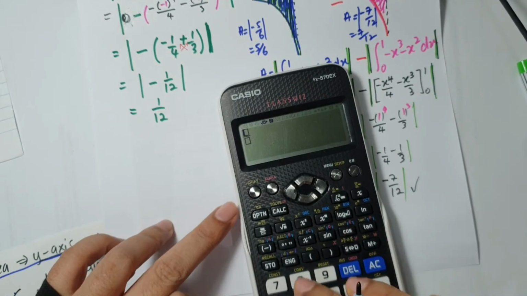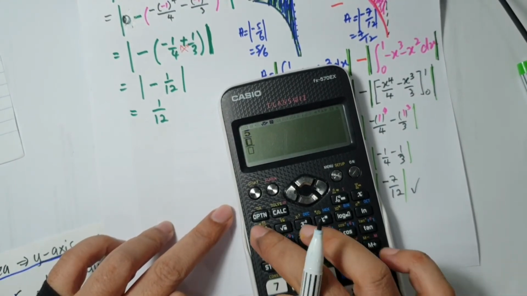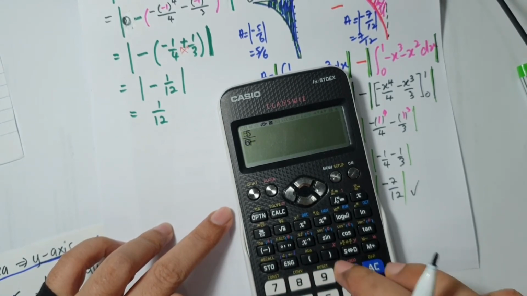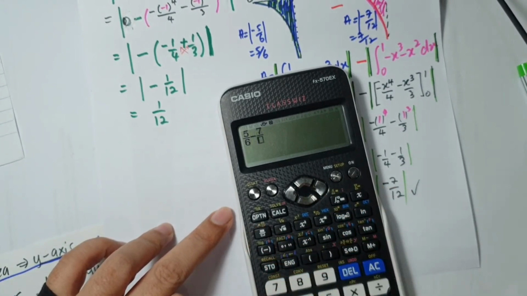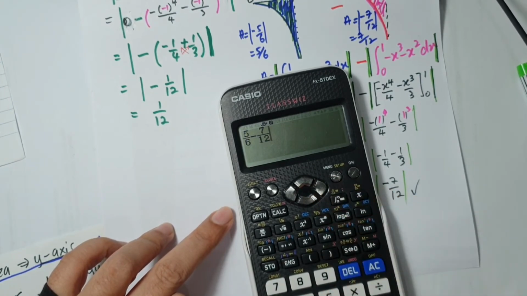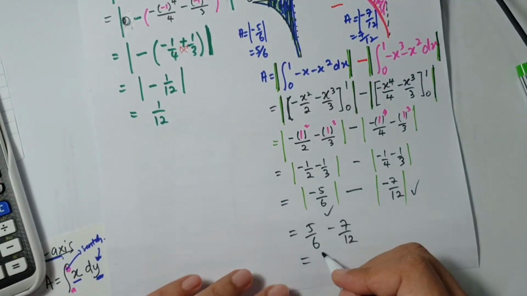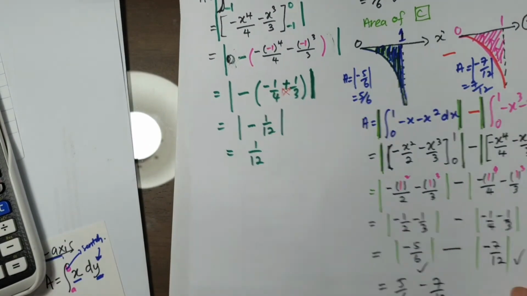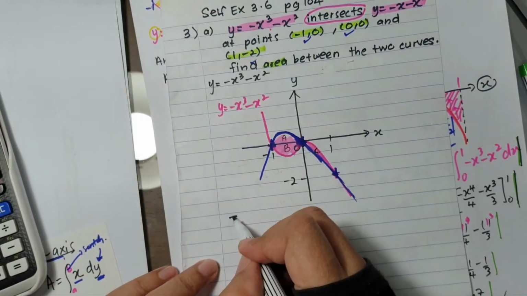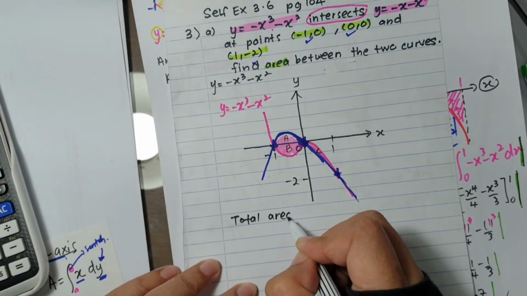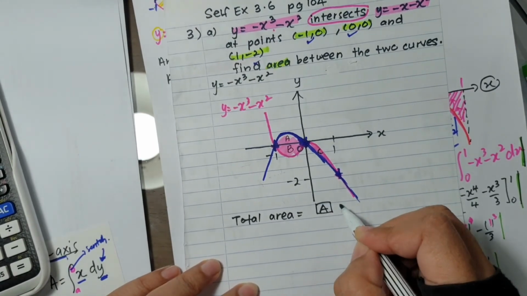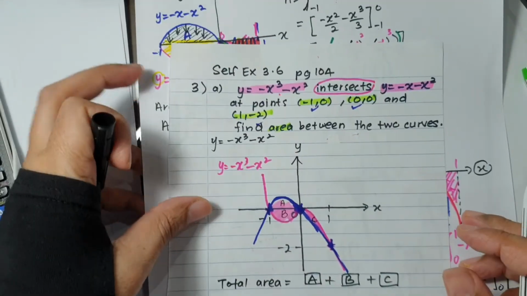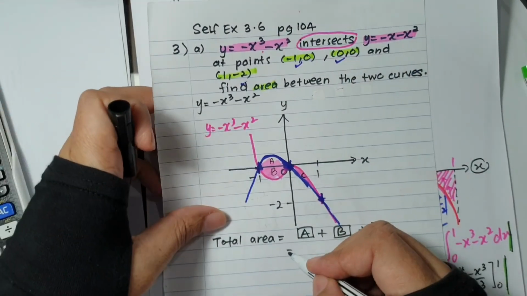Okay, 5/6 minus 7/12. Okay, equal sign 1/4. Okay, 1/4. So total area. Area of A plus area of B plus area of C. A we get 1/6.